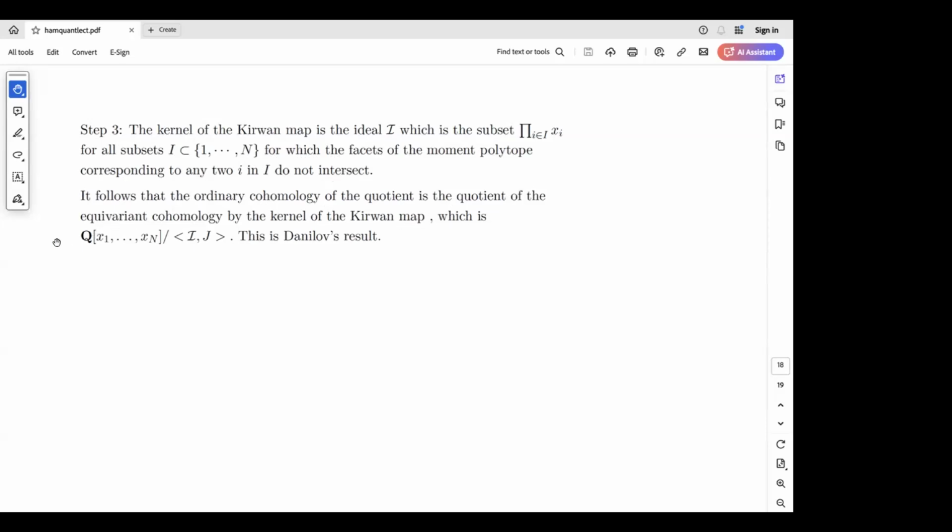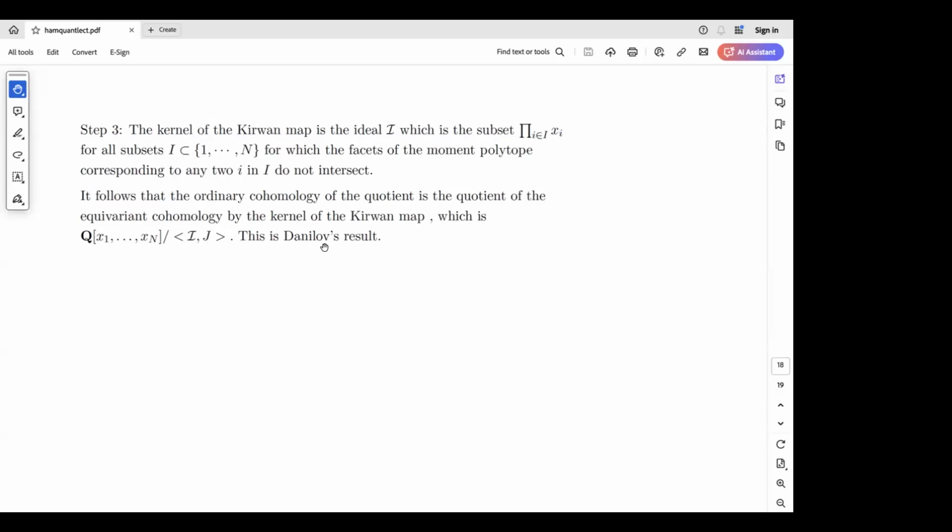And this is the polynomial ring on the capital N generators corresponding to the facets. Here we're quotienting out the two ideals: I, which is the product of the elements where the subsets have facets that do not intersect, and J, the linear relations that came from the equivariant cohomology.